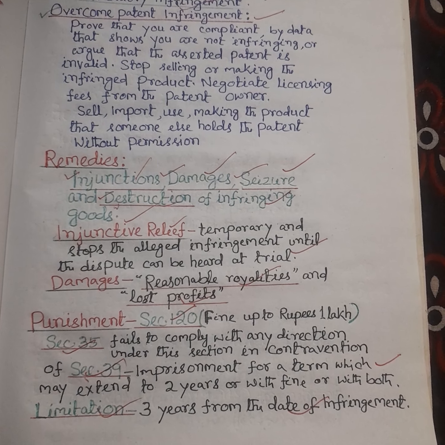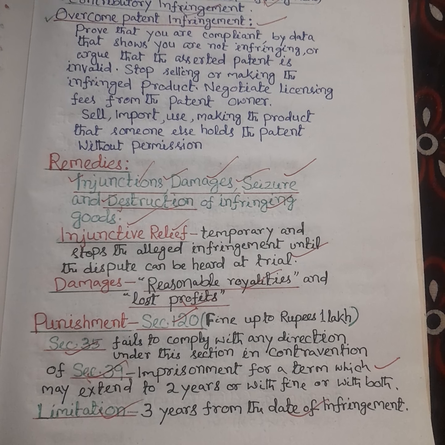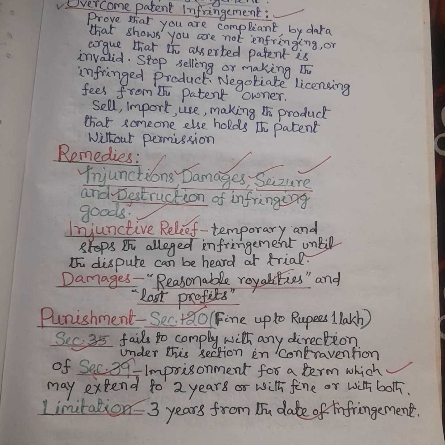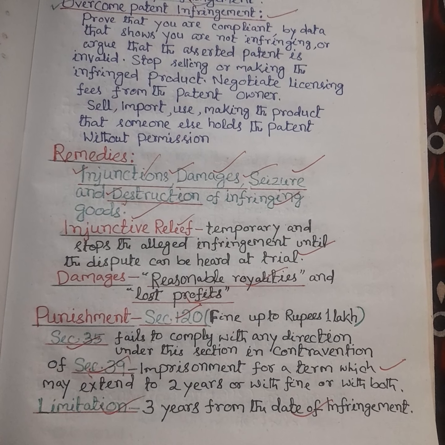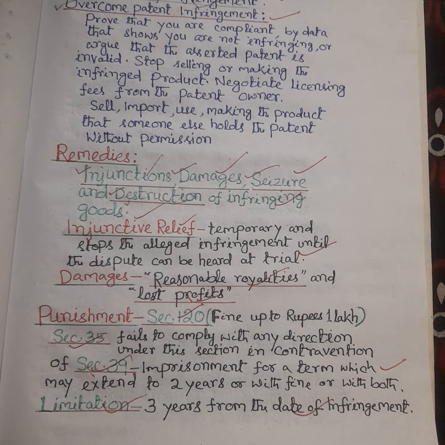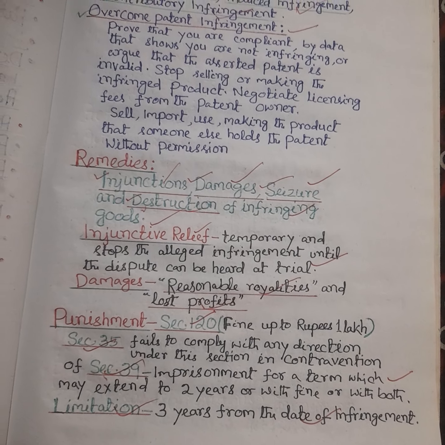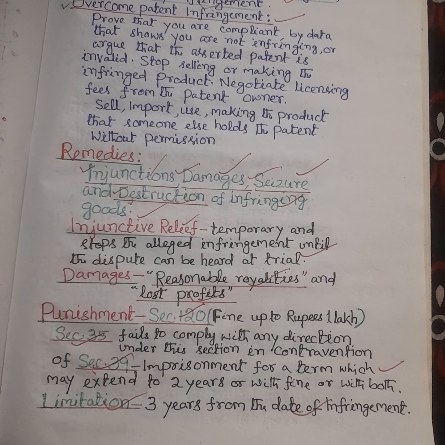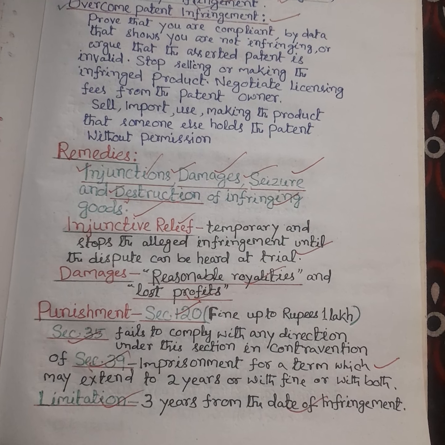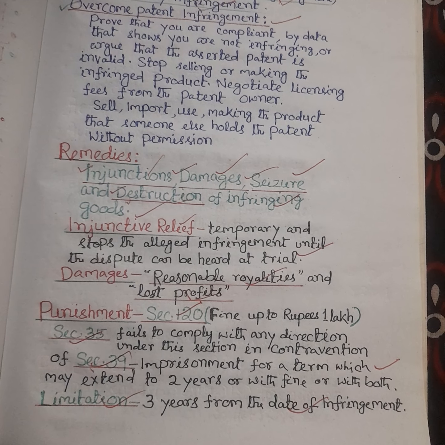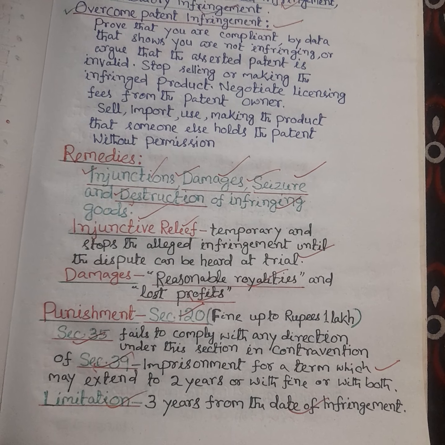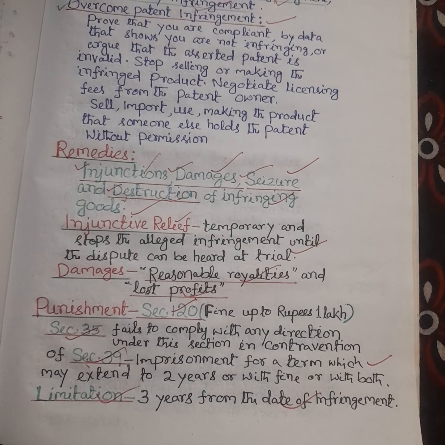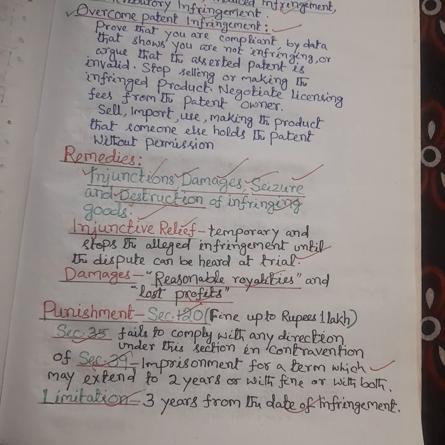We discussed what injunctive relief is and what kinds of damages are available to the plaintiff in the form of reasonable royalties and the profits lost by the real patent holder, and all the different kinds of punishment provided under section 120, the two relating to section 35 and section 39, and the limitation for filing a suit for infringement by the plaintiff.